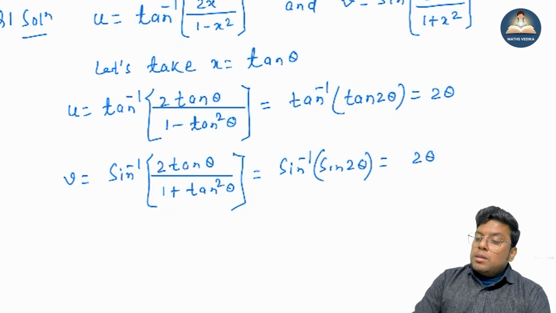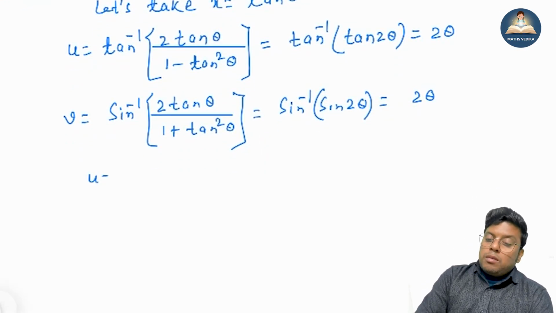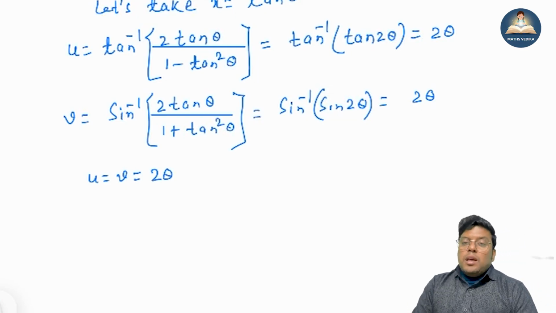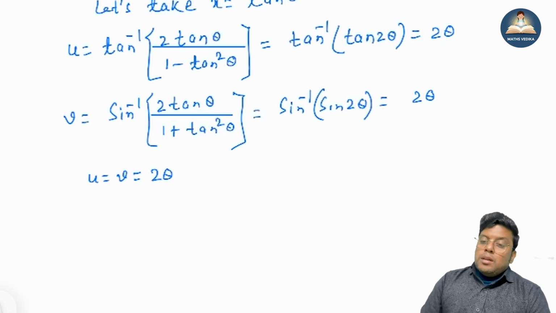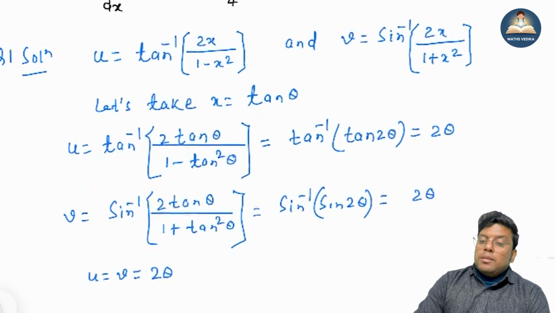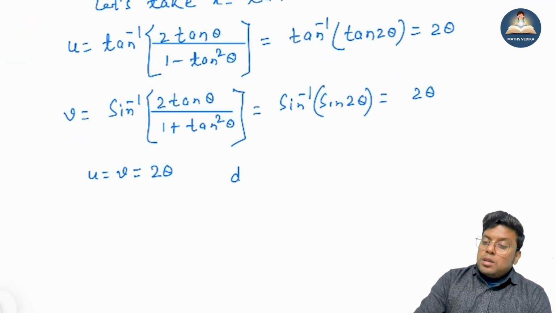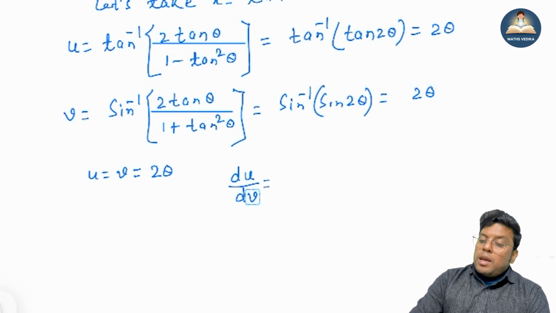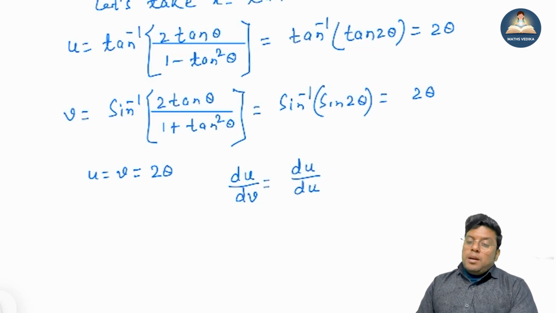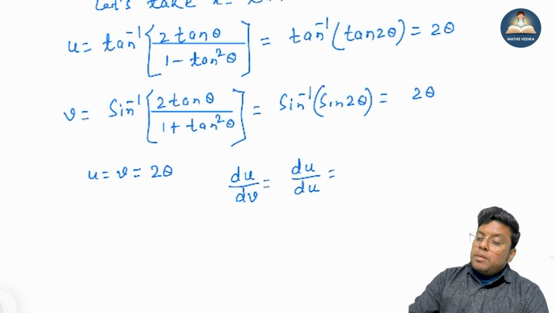So here u is equal to v is equal to 2 theta. So here functions u and v are same. So now we have to differentiate u with respect to v. So du by dv is same as differentiating u with respect to u itself, because u and v are same, or differentiating v with respect to v itself.